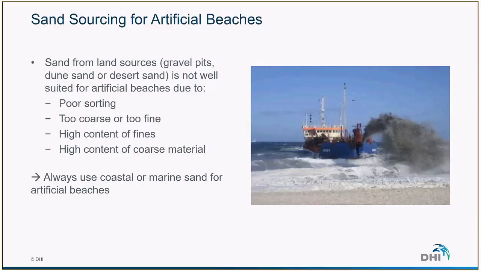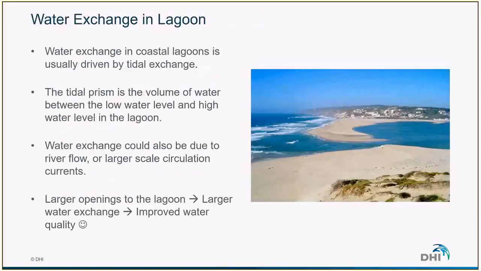If, for instance, there are a lot of fines in the sand used for an artificial beach, as soon as it's placed in the environment, most of the fines will be washed away by the waves, and therefore the volume and the shape of the beach will change dramatically. That has to be considered when selecting the sand for the artificial beach.